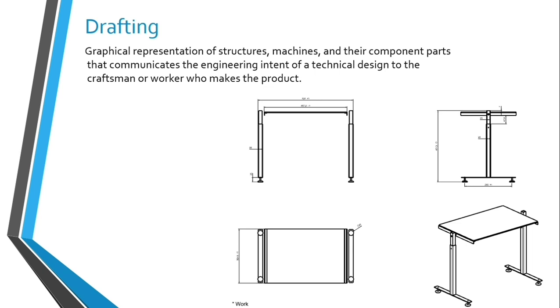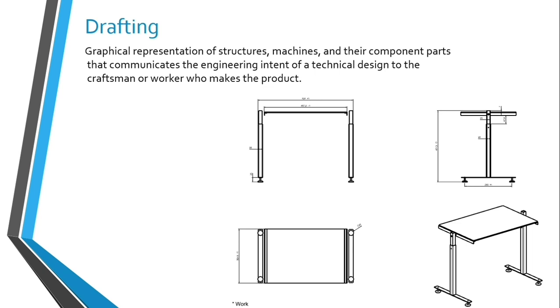To whom does the engineer have to present that technical design, his idea? To the makers who have to build the machine in real. So you have an idea, you know the dimensions and all, but someone has to make it, right, to make a real product out of it.